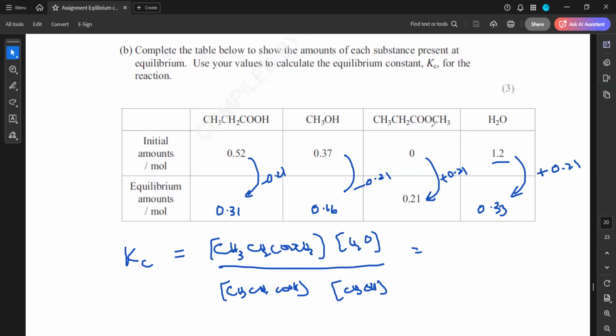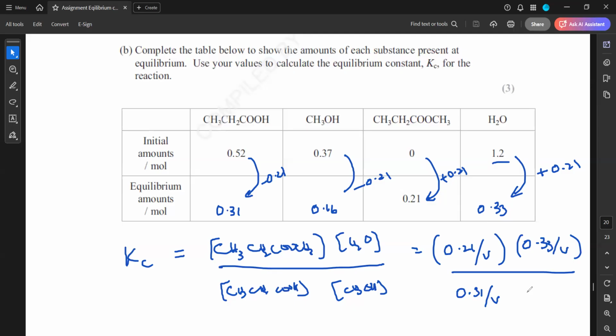How many moles are there for the product? It is 0.21, divided by volume, which we call V, because the volume of the solution is not given in the question. The moles of water are 0.33 and the volume is V. Because they are all mixed together, they have the same volume V. 0.31 over V, and 0.16 over V. All the V's cancel out.